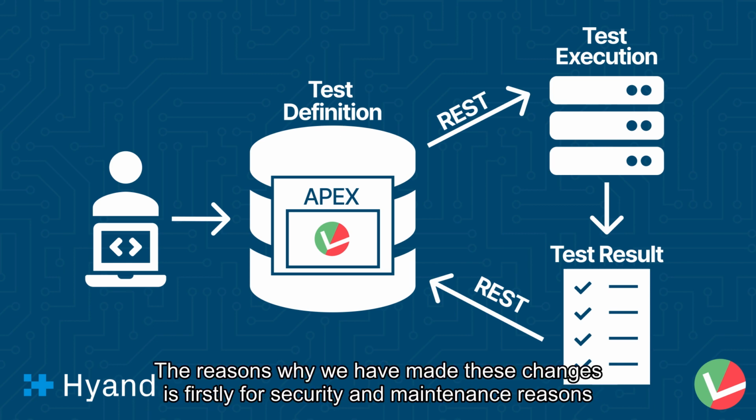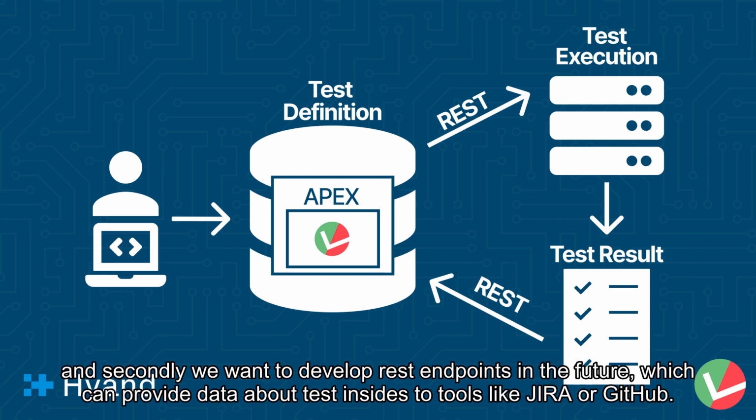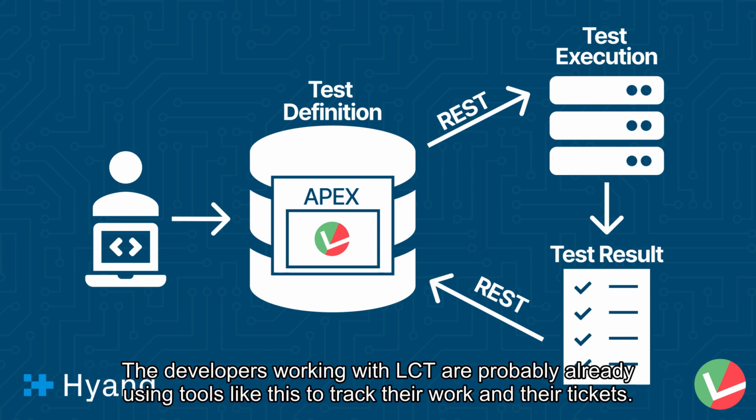The reasons why we have made these changes is firstly for security and maintenance reasons, and secondly, we want to develop REST endpoints in the future which can provide data about test insights to tools like Jira or GitHub. The developers working with LCT are probably already using tools like this to track their work and their tickets.